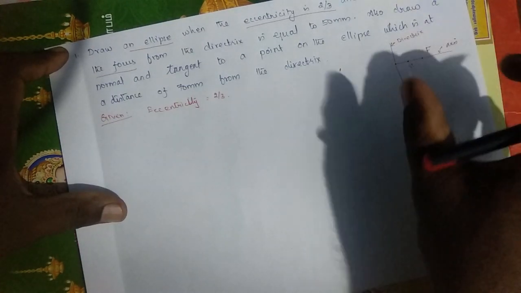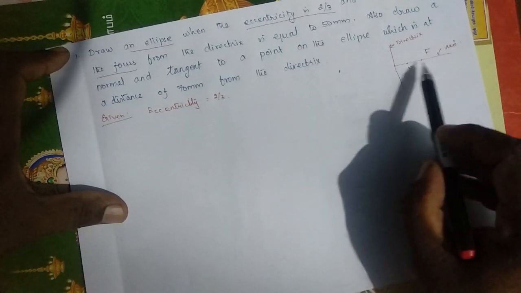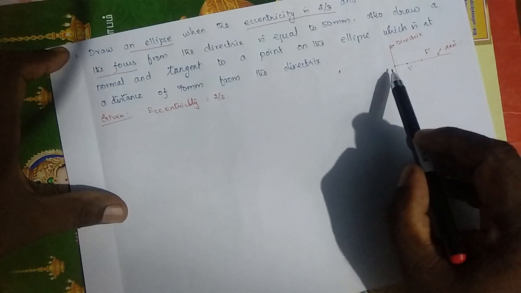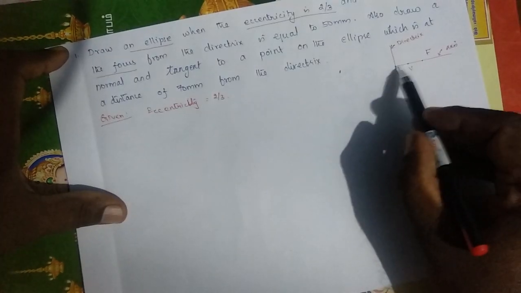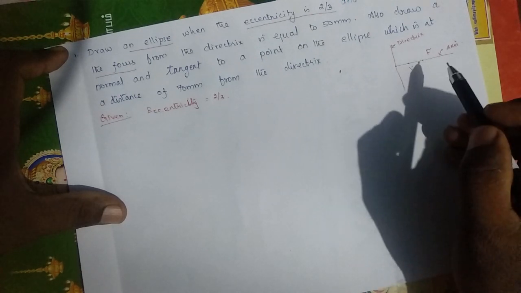So this is the basic general form. From the directrix, at some distance, is the focus, and between the focus and the directrix the vertex is there. We need the distance from directrix to focus and directrix to vertex.